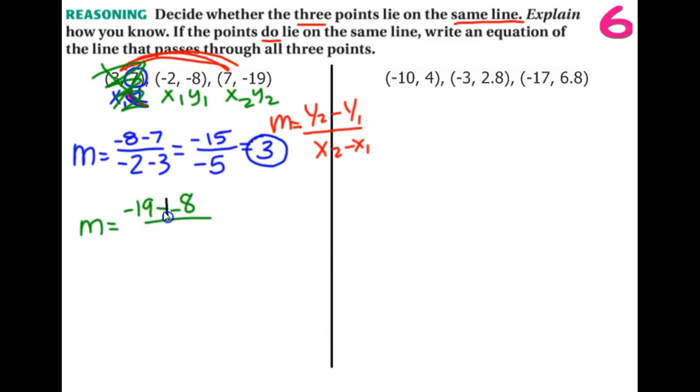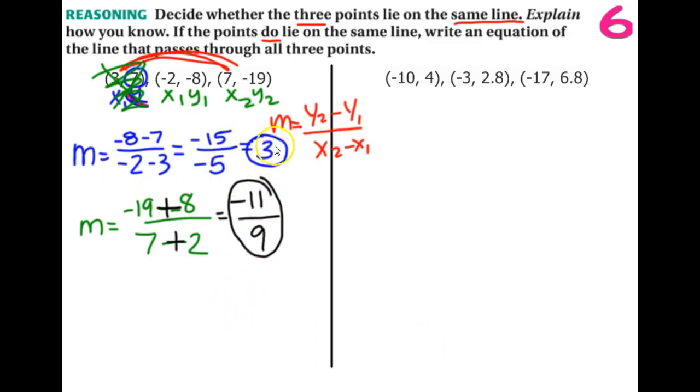Again, 2 negatives make a positive. And then on the bottom, x2, which is 7, minus x1, which is a negative 2, again making a positive. So negative 19 plus 8, there are more negatives. There should be 11 more negatives. And 7 plus 2 is 9. We can't simplify that, so that's our slope.